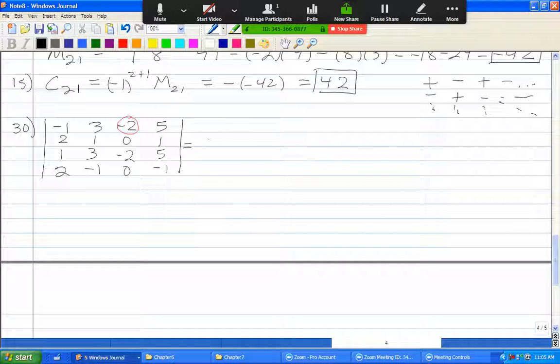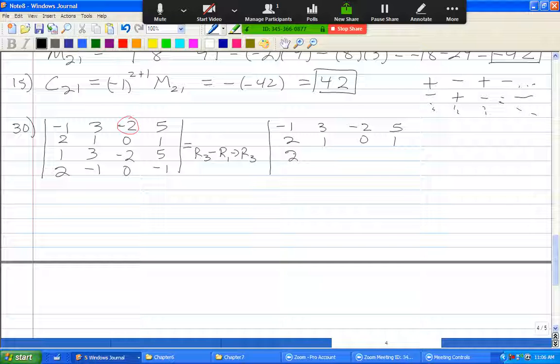So let me do row 3 minus row 1 to give me new row 3. But everything else will stay the same. So -1, 3, -2, 5, 2, 1, 0, 1. So let's subtract.